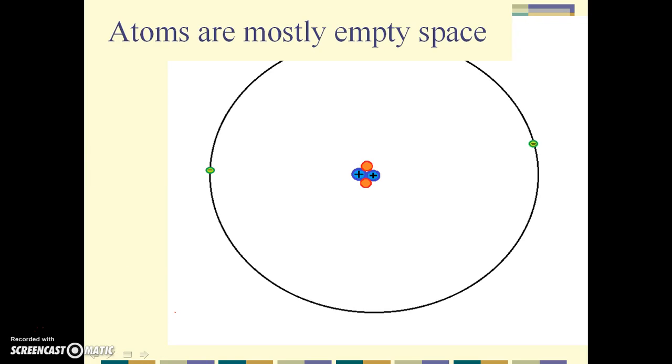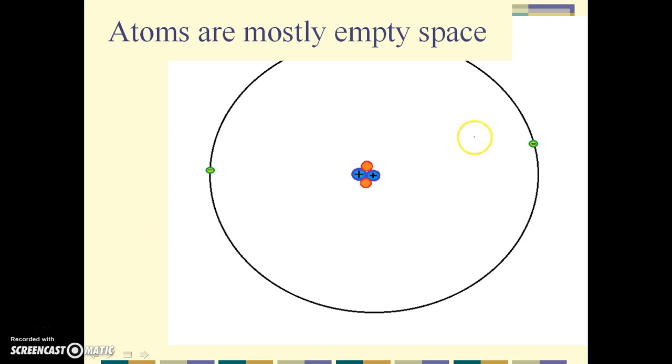So atoms are mostly empty space. So this is as much to scale as I can get on a PowerPoint, not very to scale as you'll see. So here's the nucleus. Positive protons, neutral neutrons, negative electrons surrounding the nucleus, orbiting it.